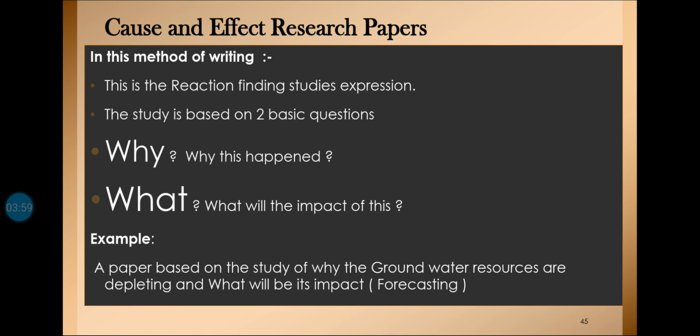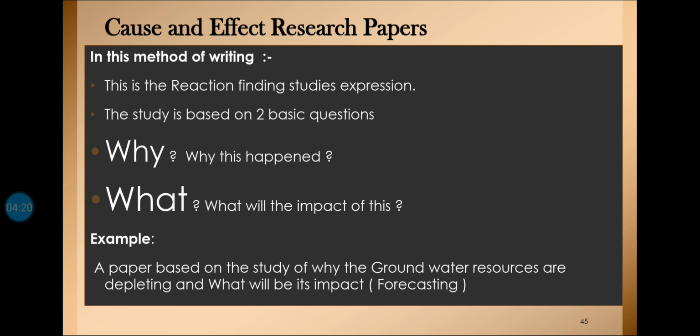That means it will create acute pressure. It will be hard enough to manage the water sources, and it can even be forecasted that by the years 2050 or 2060 a huge amount of water bodies will be dried.